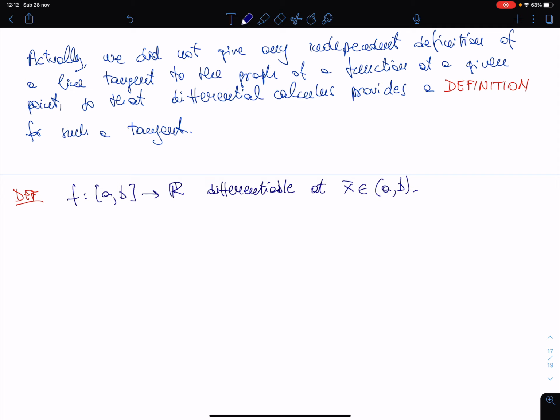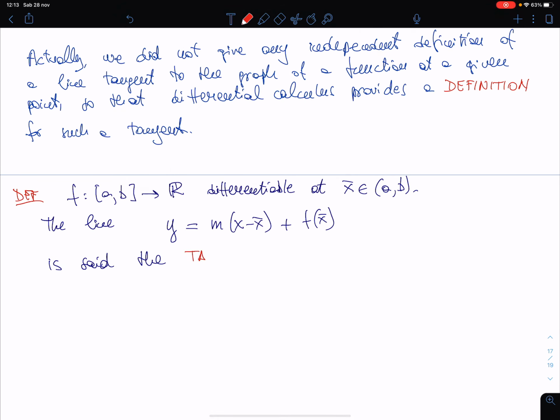Now the line y is equal to m times x minus x bar plus f of x bar is said to be the tangent line at the point x bar, f of x bar, to the graph of f.